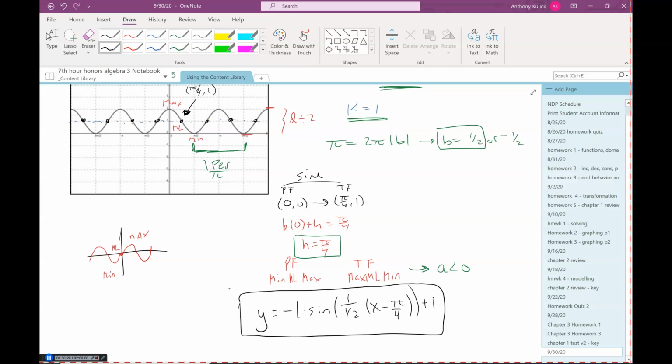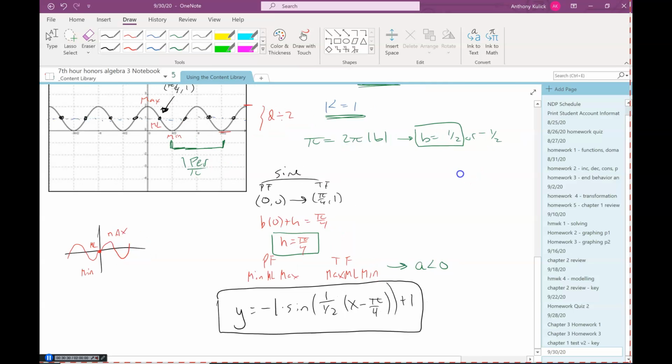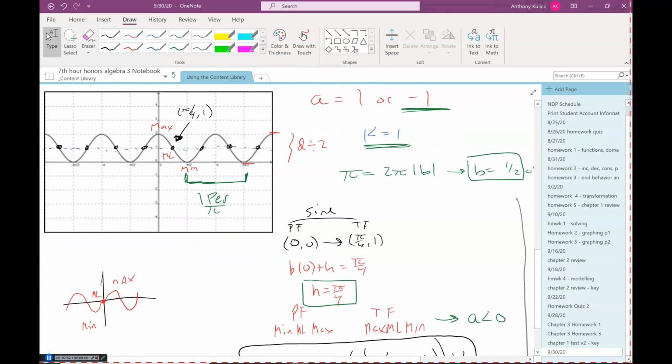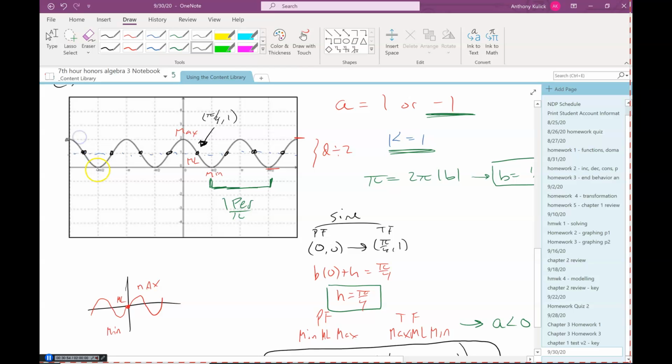What if, for example, we had chosen to do this as a cosine graph instead? For cosine, the parent function point we're choosing is 0, 1, which is a maximum. So from the graph, I have to pick another maximum or minimum. It doesn't really matter. Any of those points would be appropriate to use.